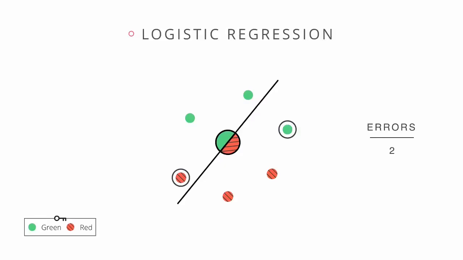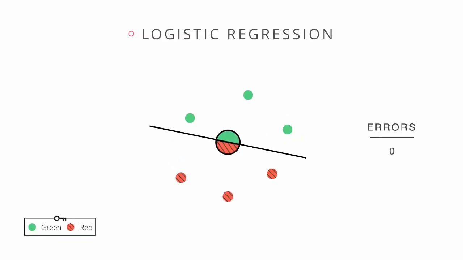And again, like with linear regression, what we'll do is move the line around, trying to minimize the number of errors using gradient descent. So if we move the line a bit in this direction, we can see that we start correctly classifying one of the points, bringing down the number of errors to 1. And if we move it even more, we correctly classify the other one of the points, bringing down the number of errors to 0.